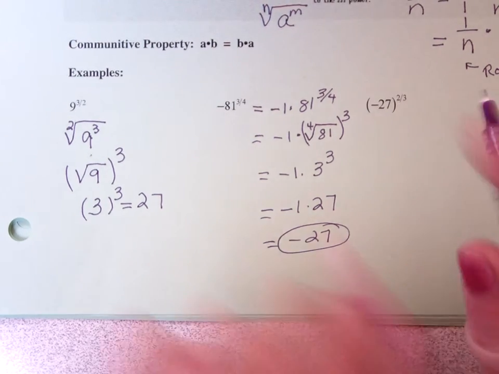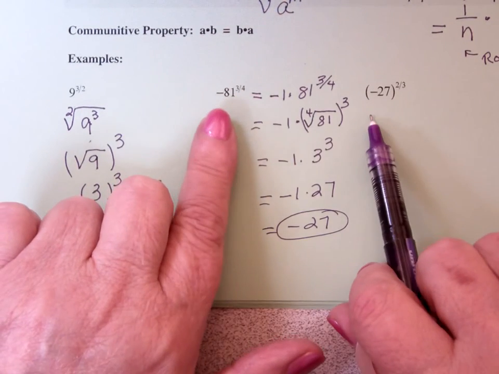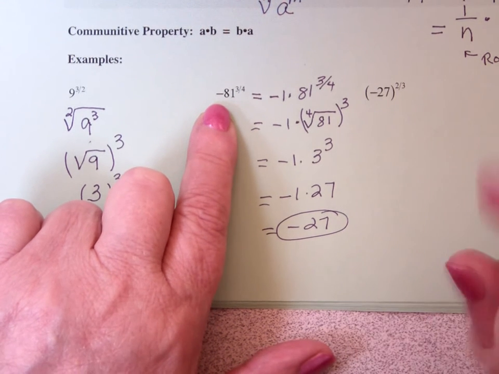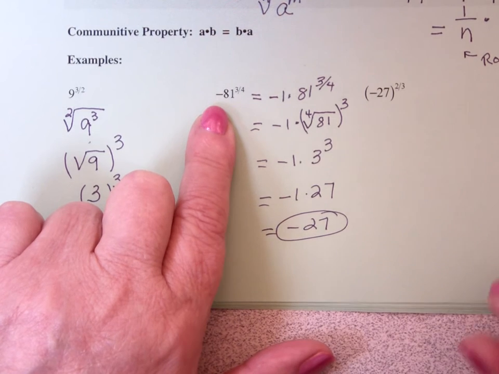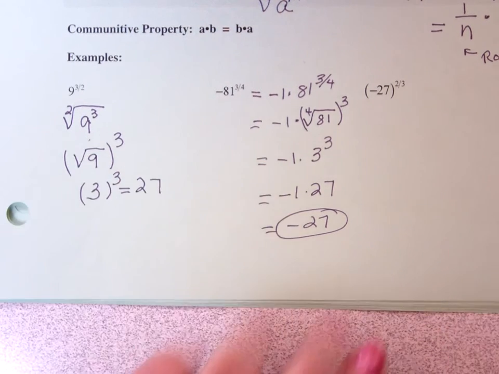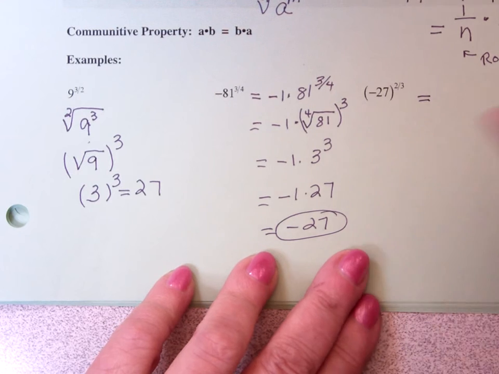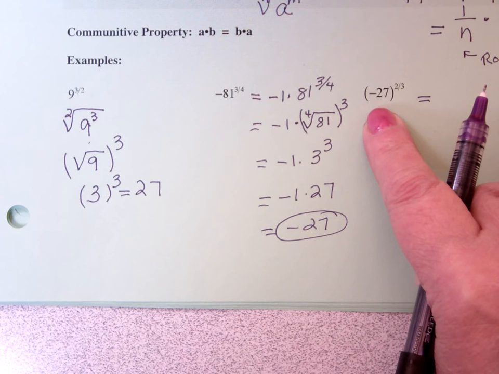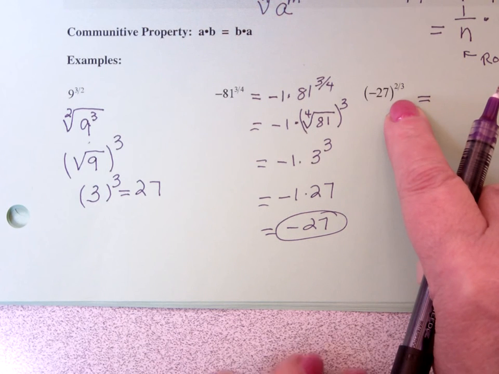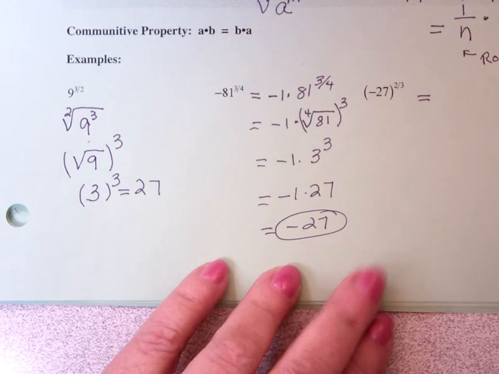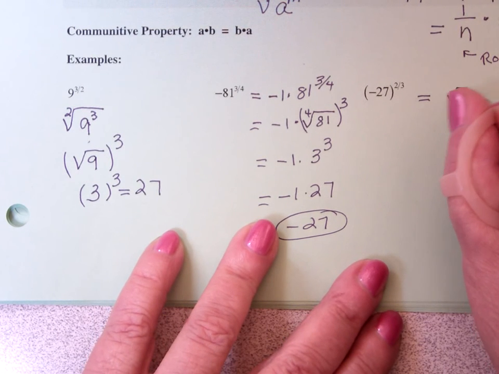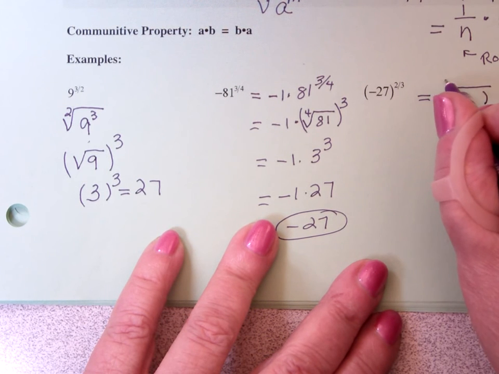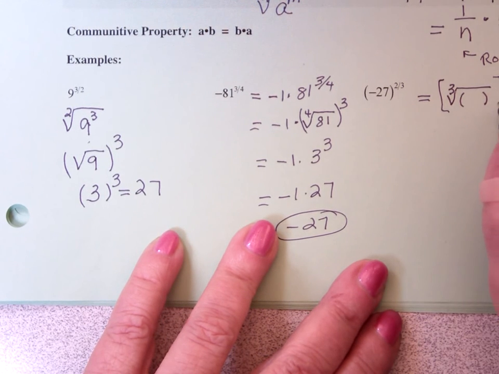Now, I chose ones again that were similar in nature. Notice that the minus is on the outside. And here, I look on the inside of the parentheses and it's a negative 27. Is 27 a perfect cube? Because this 3 says I'm taking a cube root. Yes. So this is then going to be root it at that set of parentheses, and once you've done that, you're going to square it.